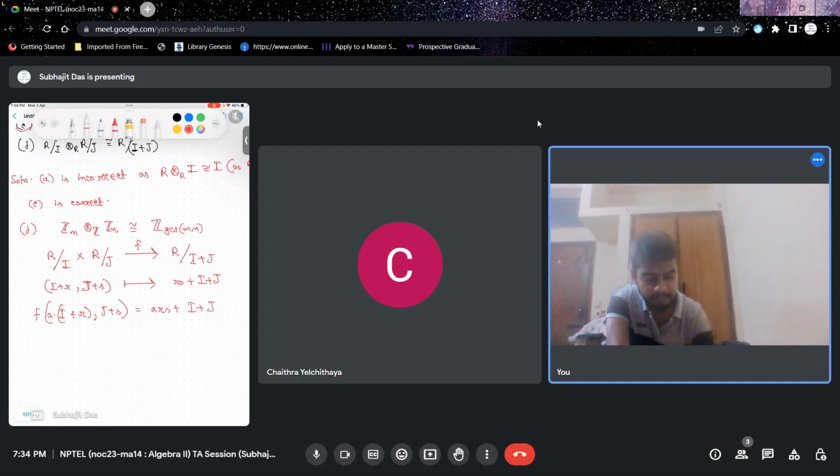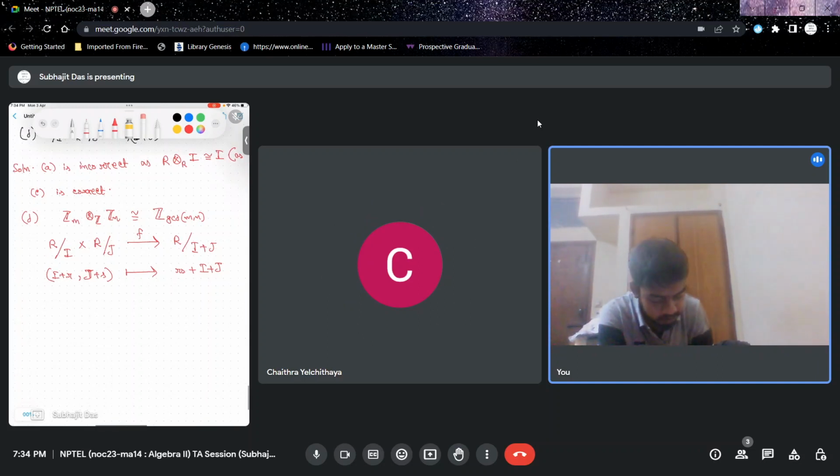Is it okay? Because if you would have taken r plus s, that won't be scalar multiplicative in both components, so that won't work. The product thing will work.